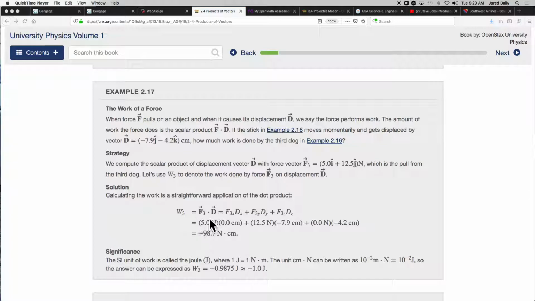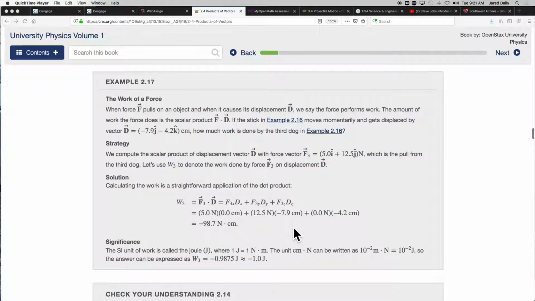We multiply the x components together, y components together, and z components together. And you notice here that only the y components actually produce a value. This one has a 0 value for the x component of the displacement. This one has a 0 value for the z component of the force. So the first and third terms just disappear, and it's only the second term that contributes.